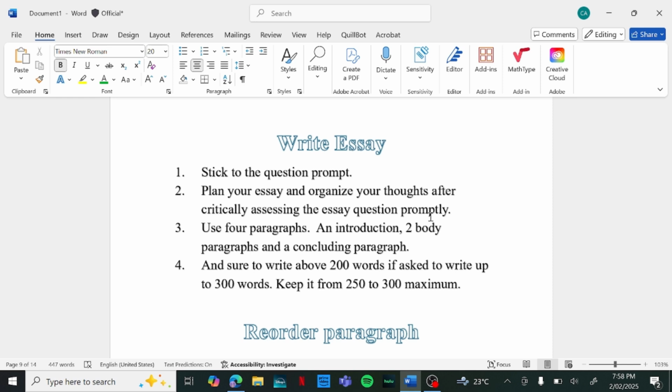Two, plan your essay and organize your thoughts after you've critically assessed the essay question prompt. Depending on what essay type you're given, sometimes it's about opinions and they're like, some people think this and some people think that. What do you think? So they're expecting you to side with one of these opposing sides, supporting side, which one are you on?